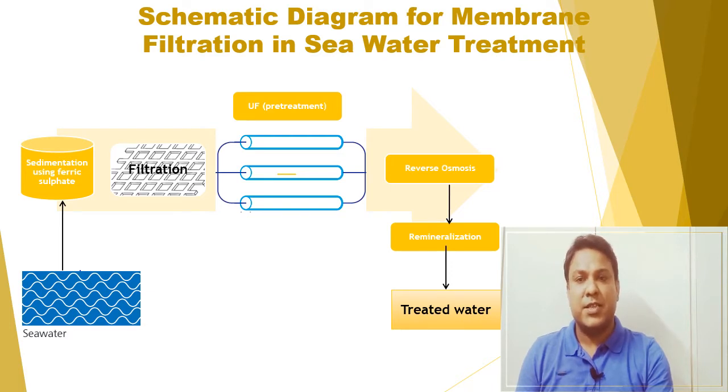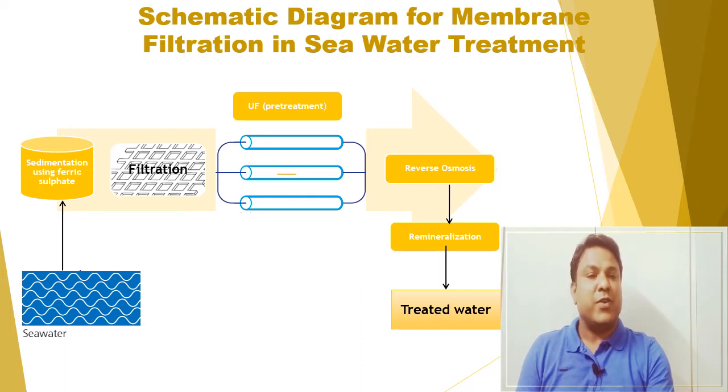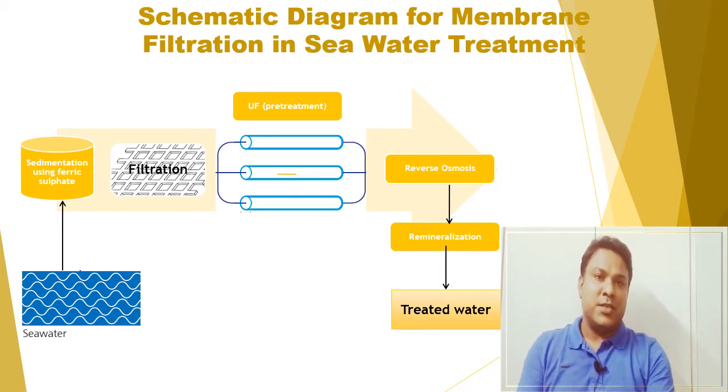This is basically 6 chambers, each of 500 cubic meters, totaling 3000 cubic meters. It passes through the filtration and then goes to reverse osmosis, in order to increase the membrane life. After reverse osmosis, the process goes to remineralization, and this is the treated water for drinking purposes.